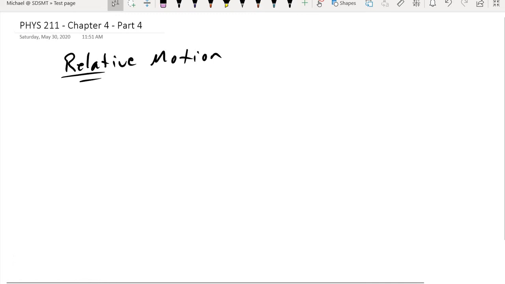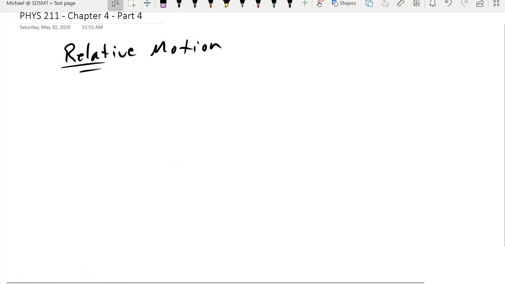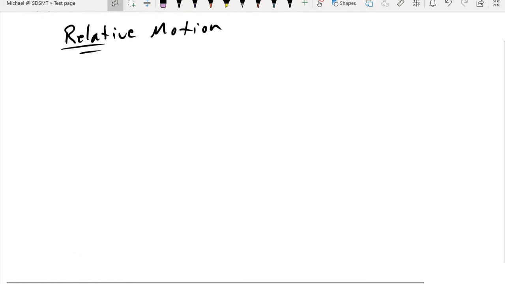But we're not going to dive that deep into the subject in this course. But at the very least, we'll be able to show how an object measured in one reference frame can then be converted to the measurements of a separate reference frame.